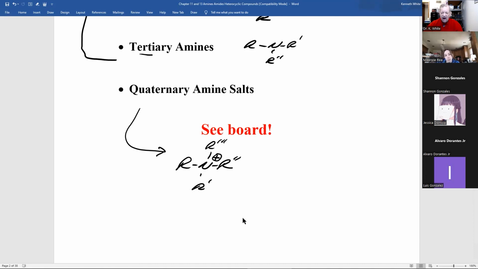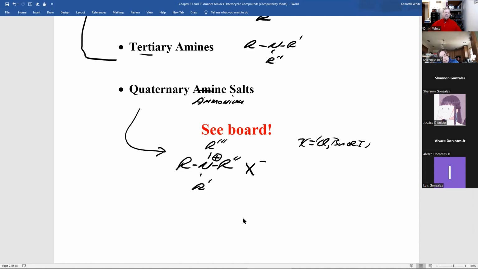And because all molecules have a net 0 charge, you need an anion. For this class, I'll keep it to the halogens, where X equals chlorine, bromine, or iodine. This actually should be ammonium. I never noticed I had a mistake on that slide.